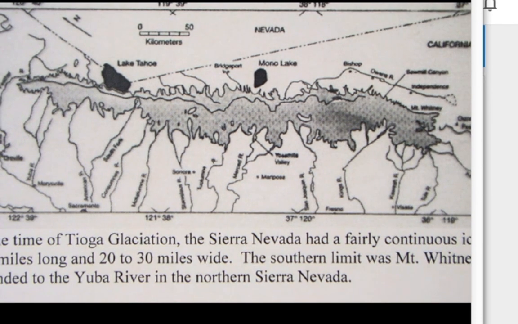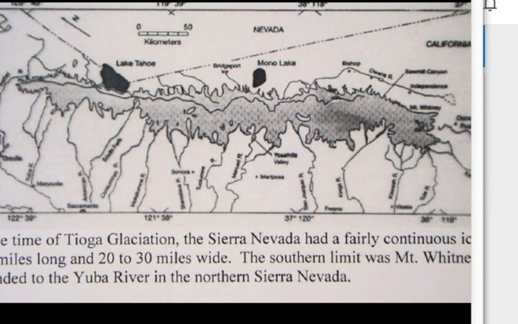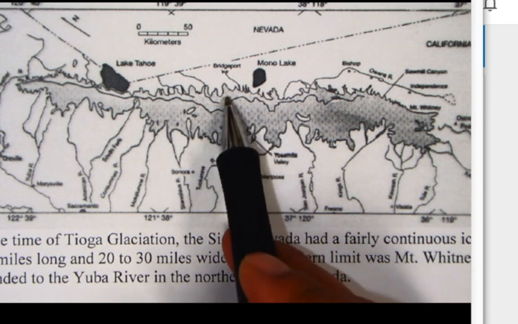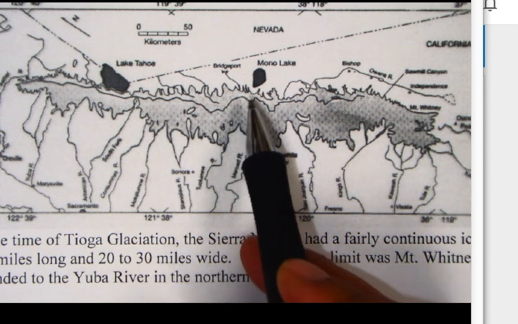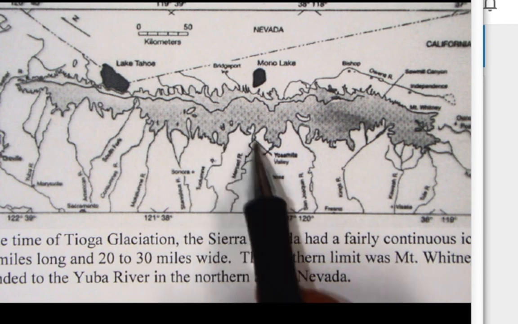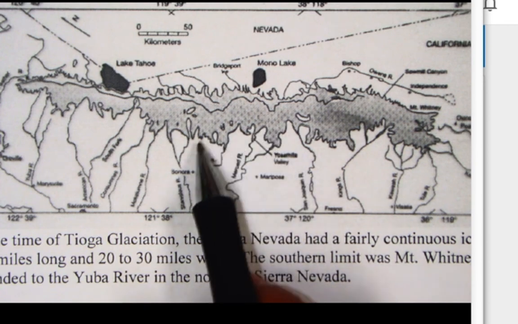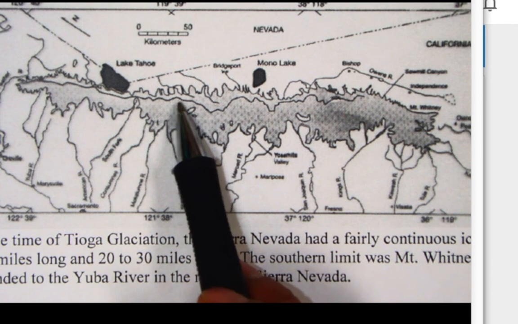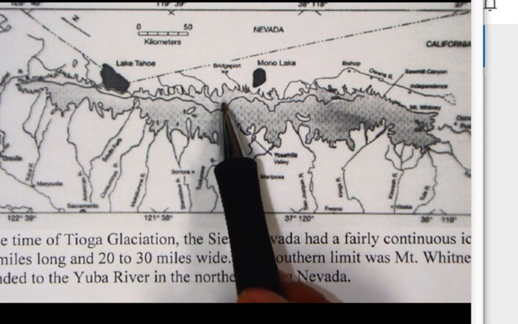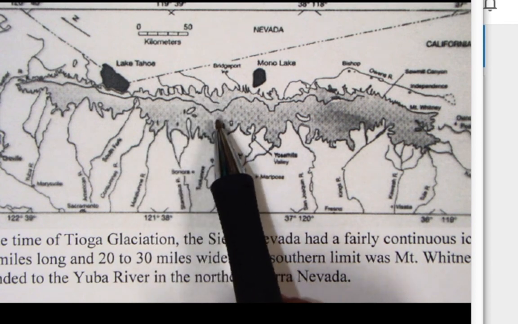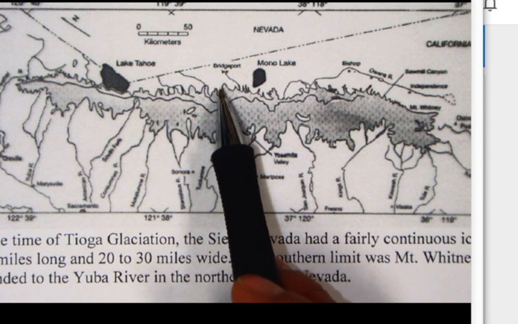Now, I was mentioning, why do we talk mostly about the eastern Sierra Nevada moraines? There were a bunch of moraines over here on the west side, but since the west side has stronger, bigger rivers, those moraines have pretty much been washed away. But since the east side is a rain shadow, we talked about the rain shadow and the orographic effect, these moraines have been somewhat preserved.